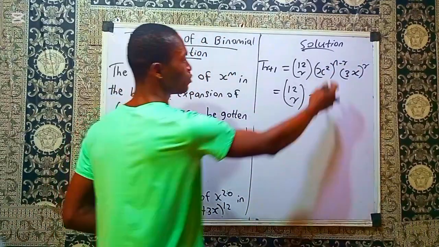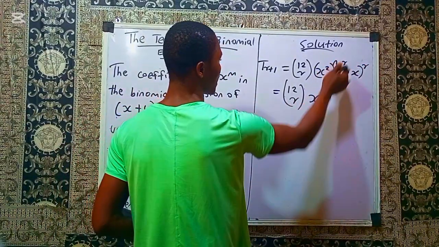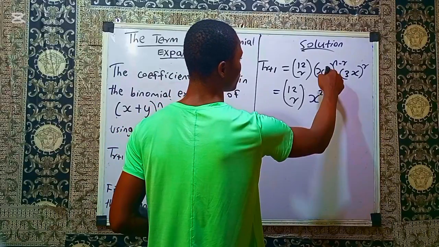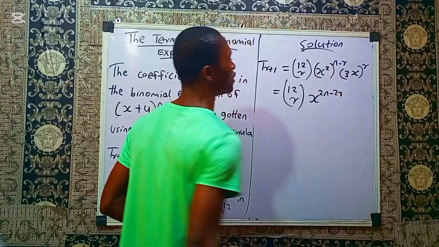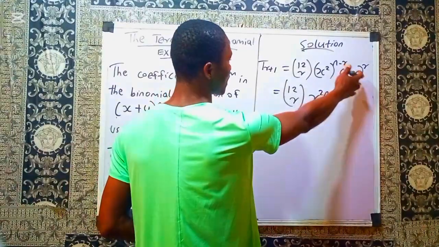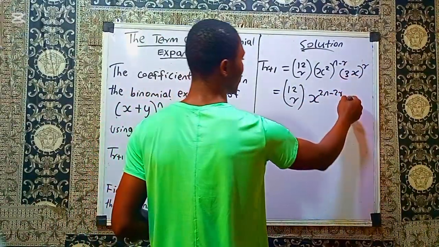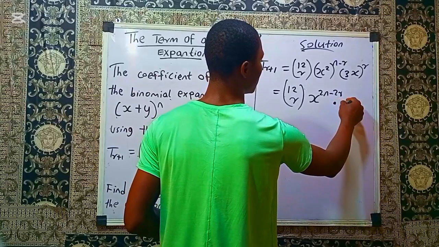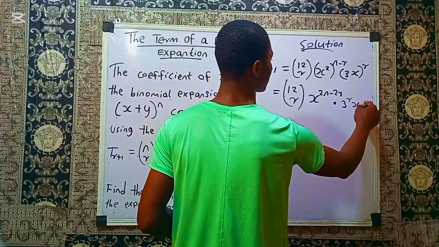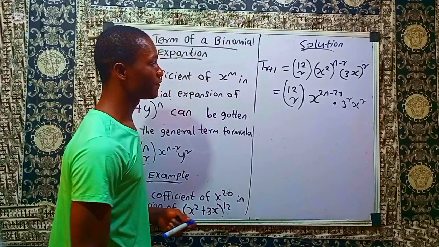So we multiply 2 by n minus r: 2 multiply n is 2n, minus 2 multiply r is 2r. Then in the other bracket, we have 3x all raised to power r, so we have 3 raised to power r, x raised to power r. We'll simplify further.